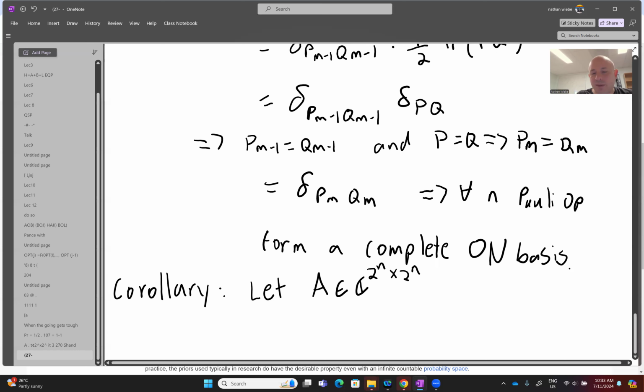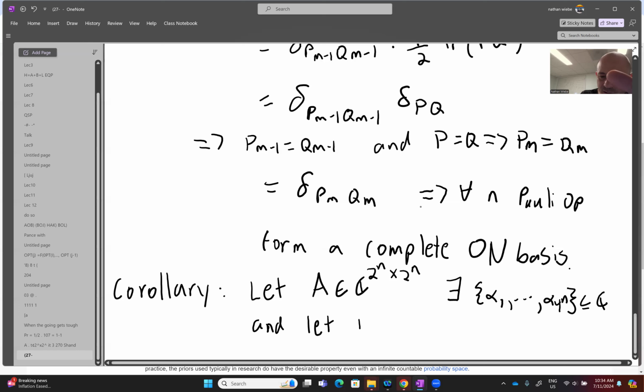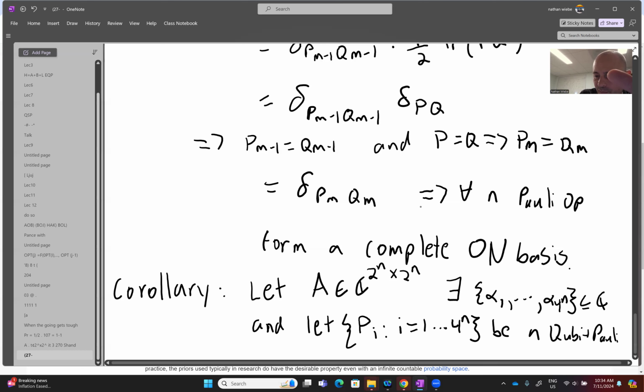Then my claim is that there exists a set of values, let's call this alpha 1 through to alpha 4 to the n, which is a subset of the complex numbers, and let the set Pi, from i equals 1 to 4 to the n, be the n qubit Pauli operators.